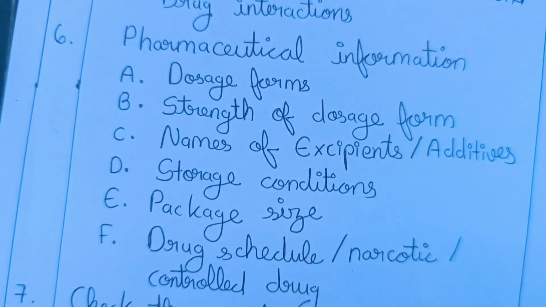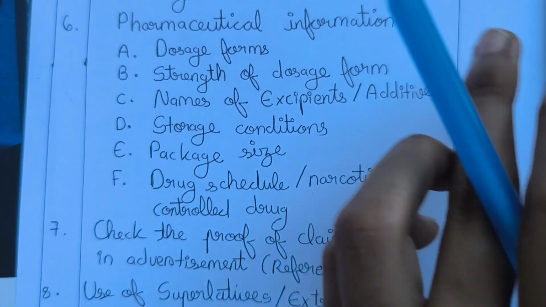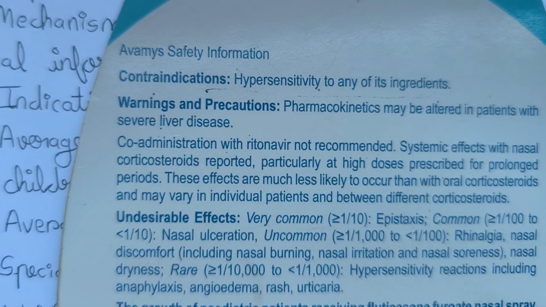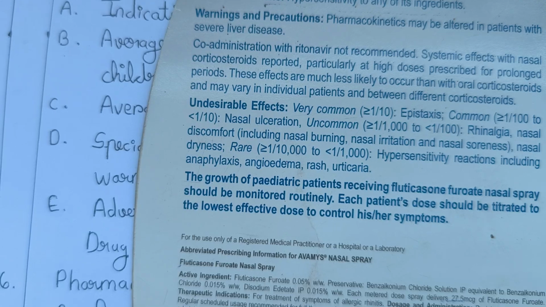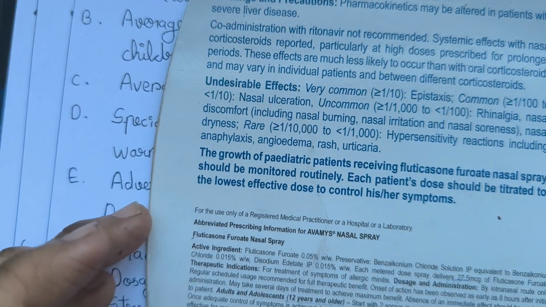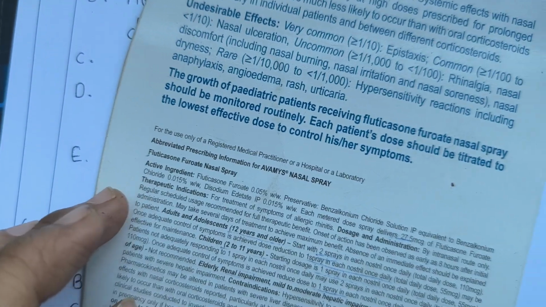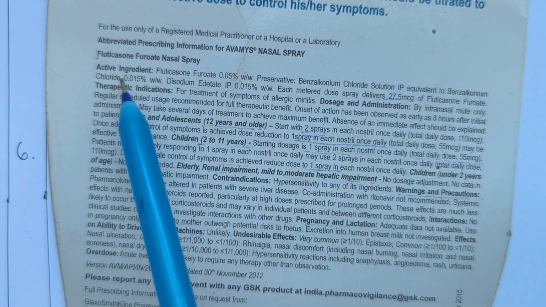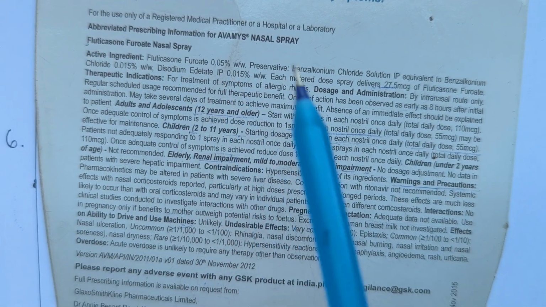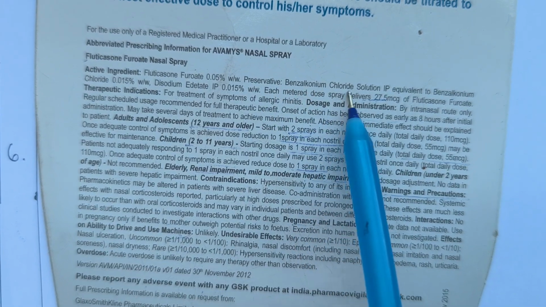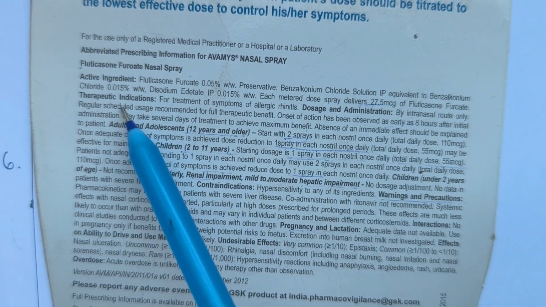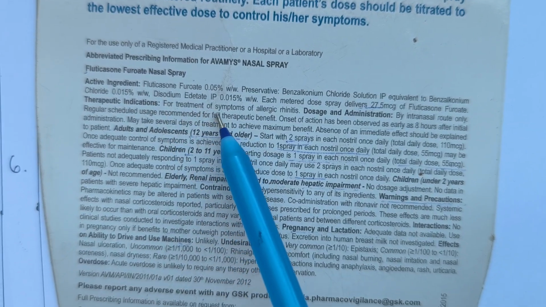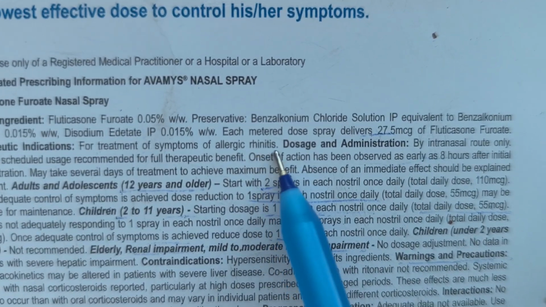Then we can see the name of excipients or additives. It is not mentioned here. No, wait, it's mentioned: see, active ingredients, this compound, then preservatives are also mentioned, and therapeutic indication for treatment of symptoms of allergic retinitis.